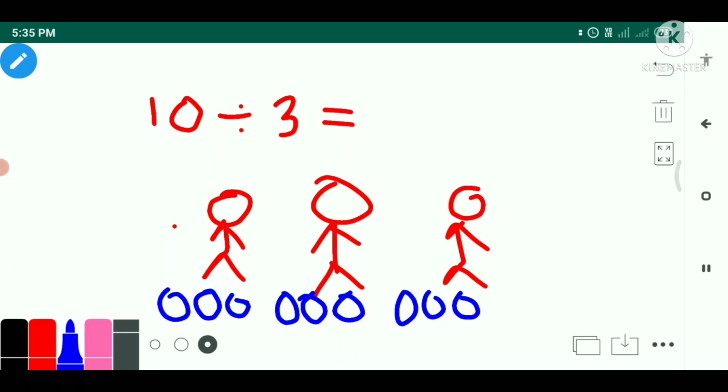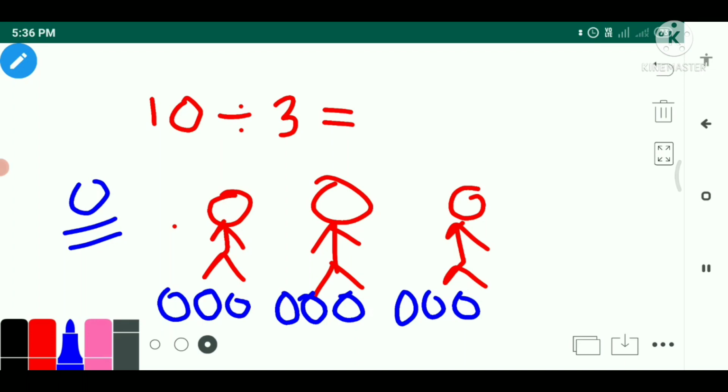So after sharing, as you can see, each got 3 chocolates. So how many chocolates did I have to divide? 10. And how many chocolates did I divide? 9 chocolates, right? So the remaining 1 chocolate, whom will I give?